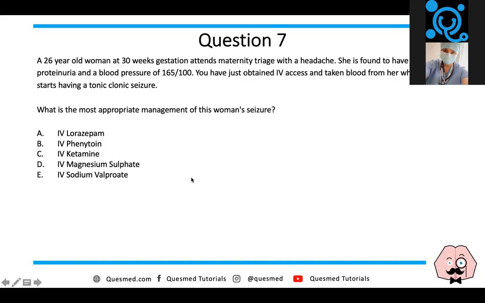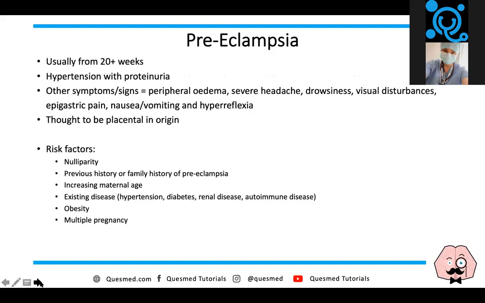Lovely, thank you for answering. So most people are going for D, IV magnesium sulfate. So let's have a further chat about pre-eclampsia and eclampsia.